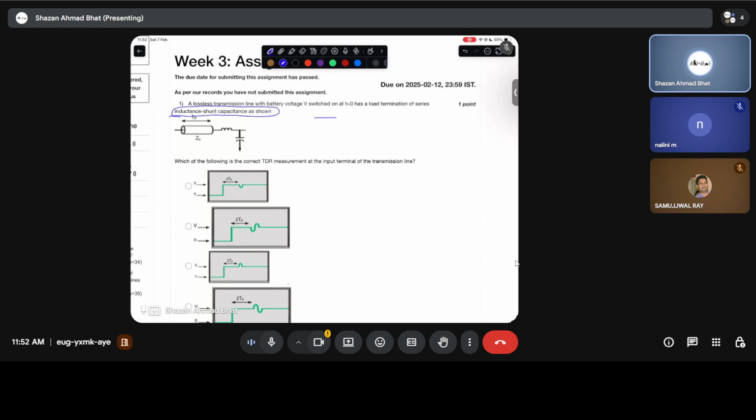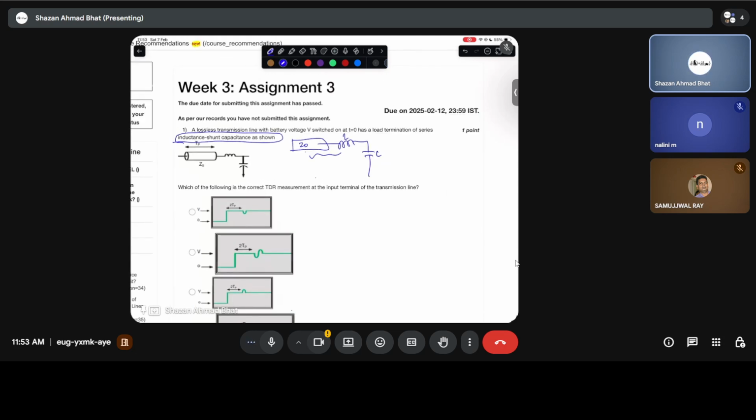So you have a termination something like this, which is an inductance and a capacitance. So this is the intrinsic impedance of the transmission line, and what is the thing that is given.